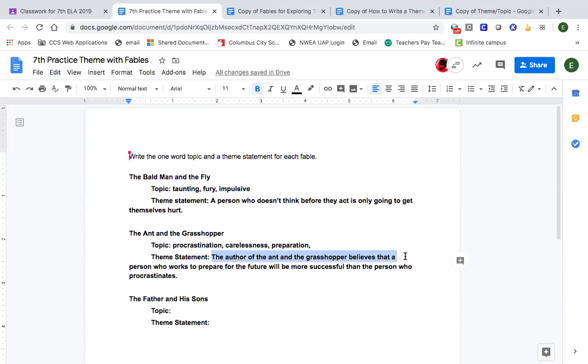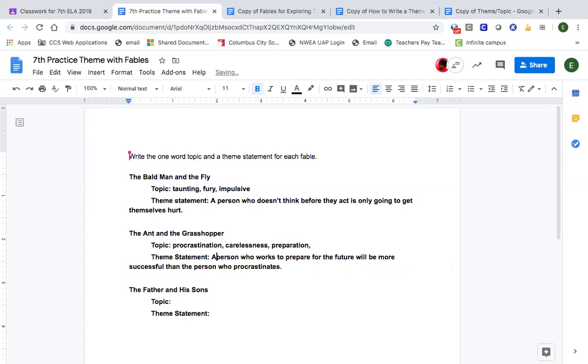A person who works to prepare for the future will be more successful than the person who procrastinates. That's a great theme, you guys.